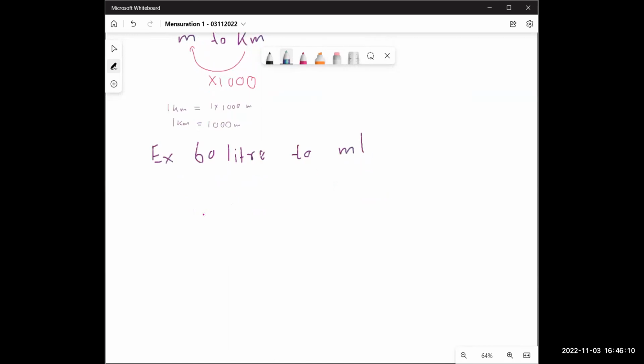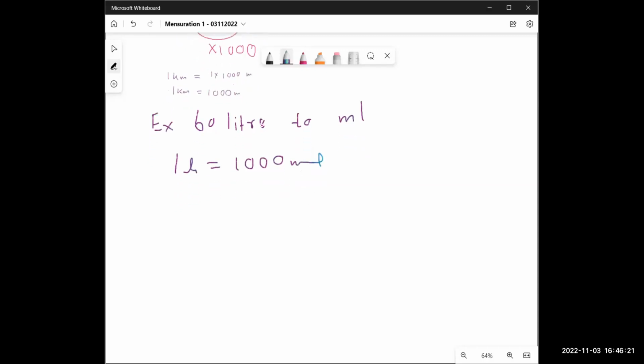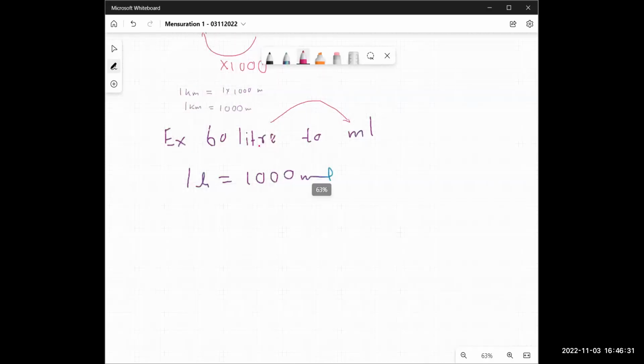First tell me the rule. How much ml is 1 liter? 1000 ml. Okay, and I'm going from liter to milliliter, right? So should I multiply or divide? First tell me which is bigger, liter or ml? Liter.